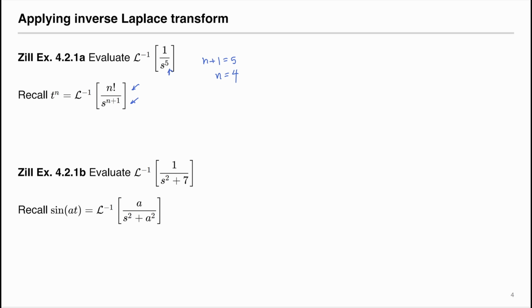By multiplying by 1, I mean that you can write 1 over s to the 5th, which is s to the 4 plus 1, and then I want the top and bottom to have the same number. I want it to be n factorial, which is 4 factorial, top and bottom.